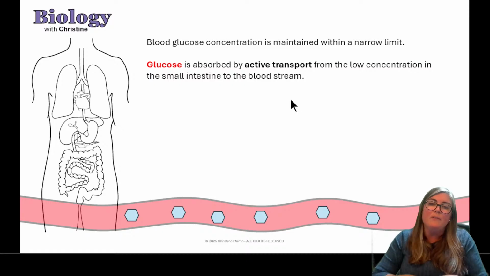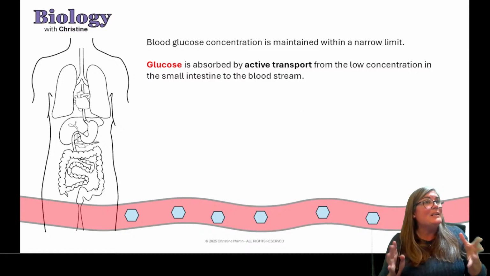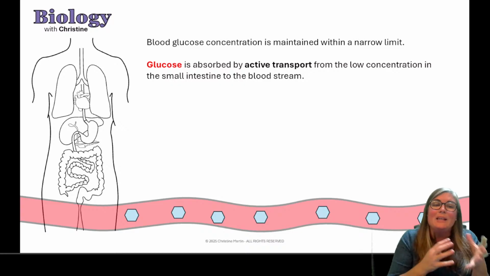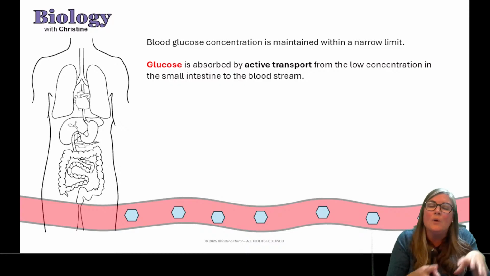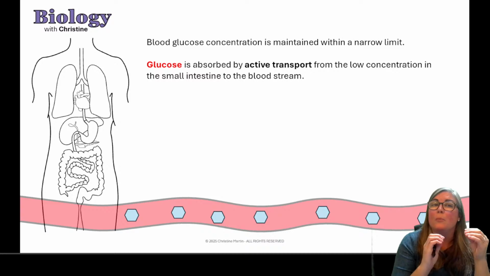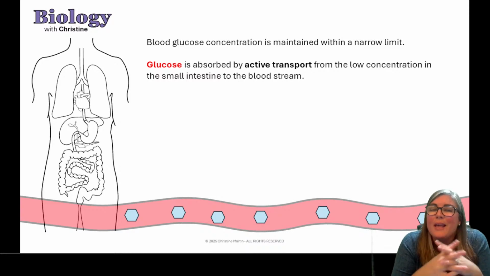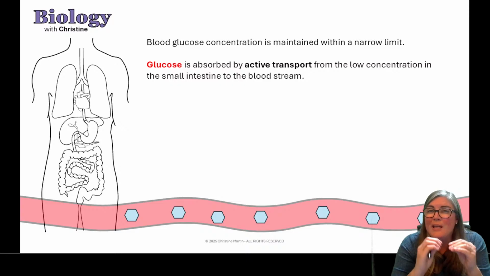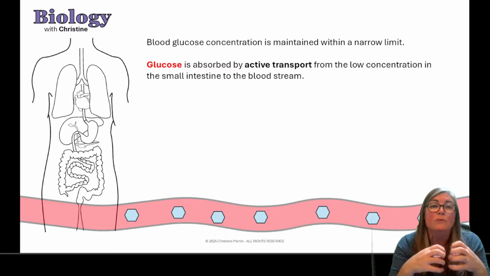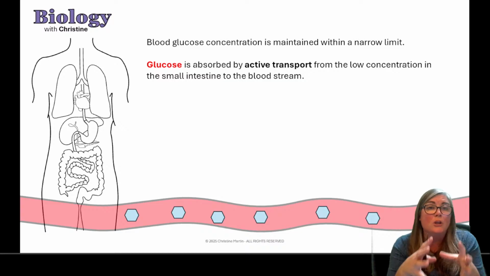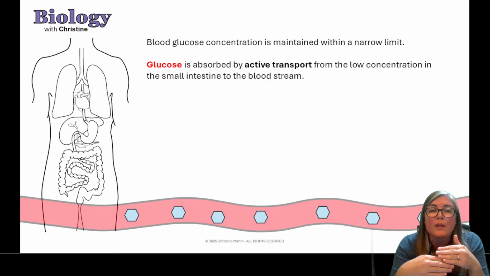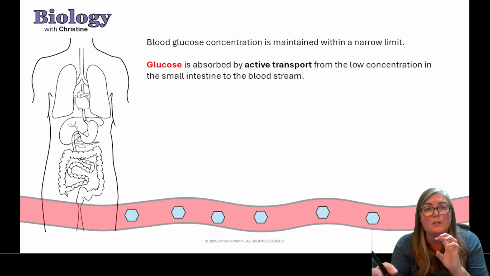And then the last thing I'm going to finish on tonight, and next week I'll actually look at respiration and link that with how this is needed. But blood glucose concentration is maintained within our bloodstream within a very narrow limit. So if you've done homeostasis, you've learned about your blood glucose concentration and the fact that we need to control that through the use of hormones.